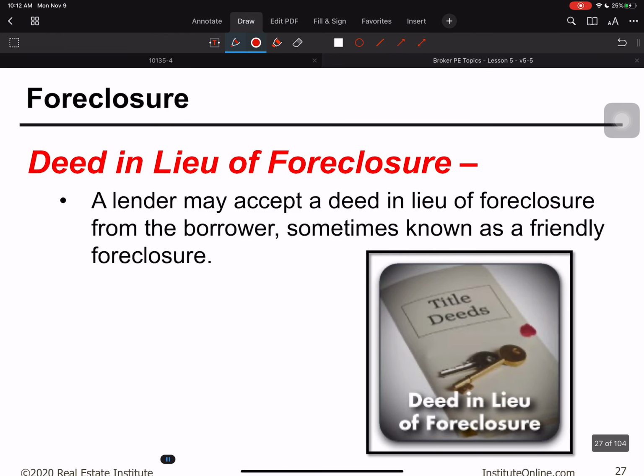Then the deed in lieu of foreclosure: a lender may accept a deed in lieu of foreclosure from the borrower, sometimes known as a friendly foreclosure. Someone is literally just giving up the keys to the bank and saying, hey, please take it off my hands, basically.